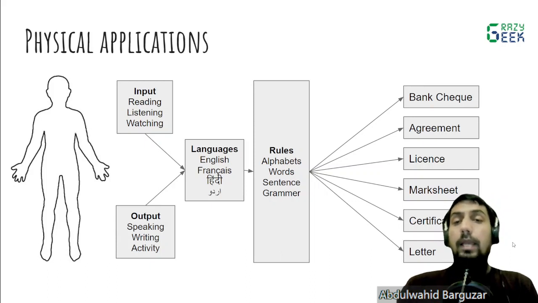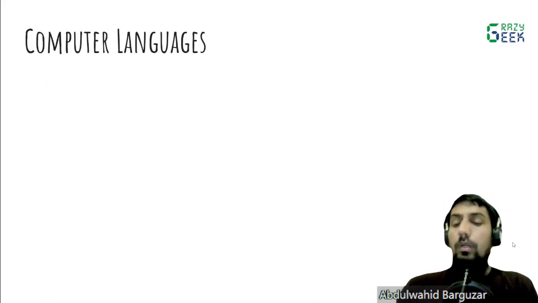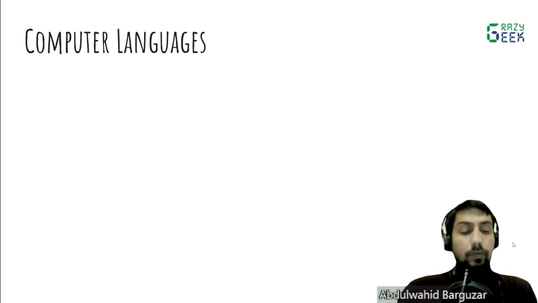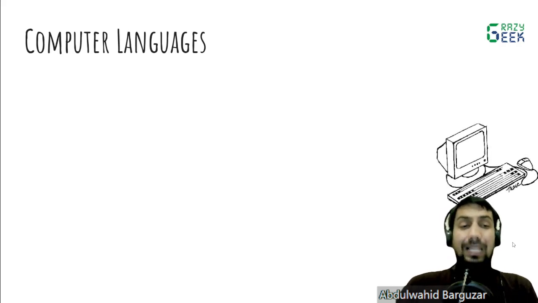All right. And now if we talk about a computer language, basically a computer language is not a natural language, obviously, because it's a machine, and it doesn't have a natural brain to think or to come up with some evolution, right?